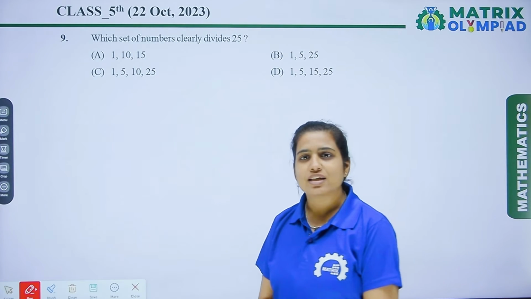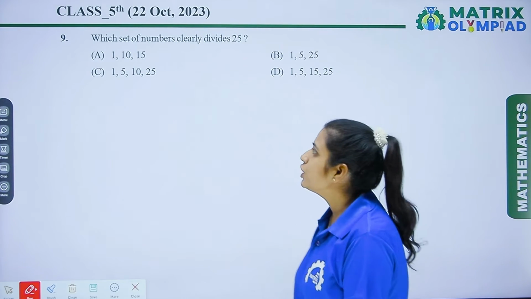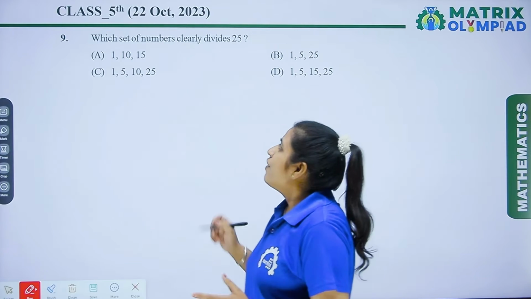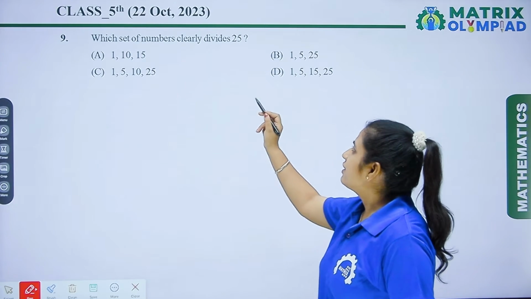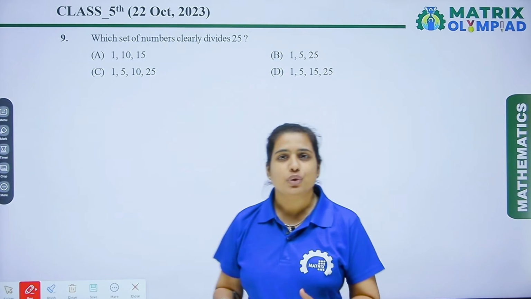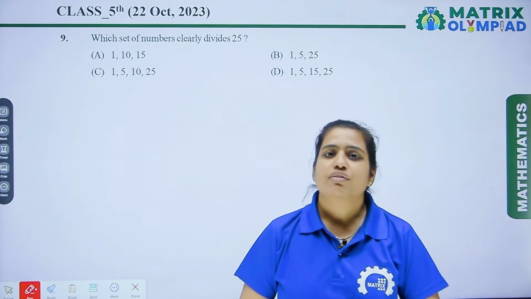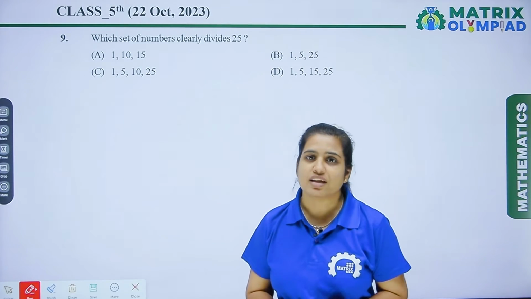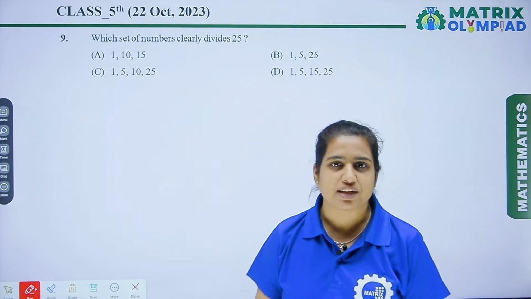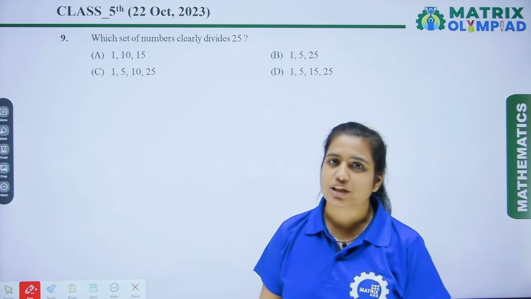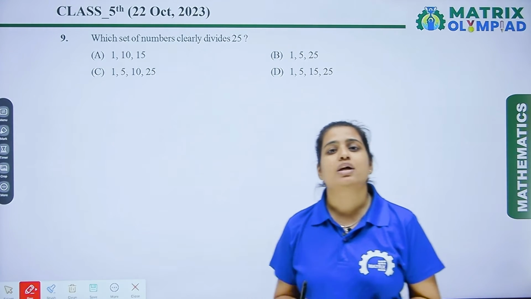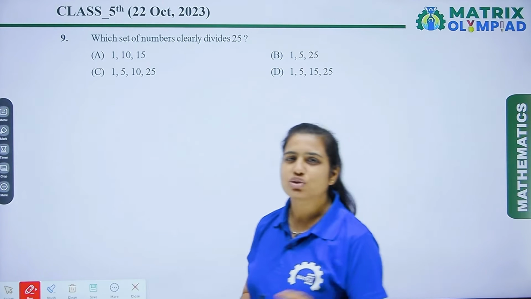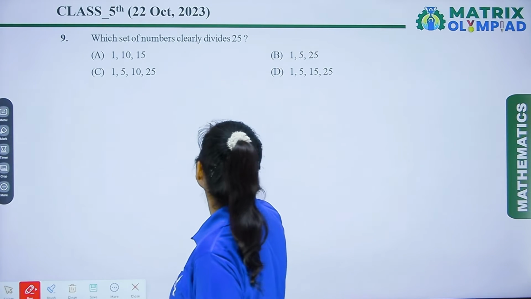Now let's start the next question. Question number 9. Which set of numbers exactly divides 25? So we know that a factor of 25 is a number that divides 25 exactly without leaving any remainder. So 25 is a composite number. So we know that a composite number has more than two factors. So let's write down the factors of 25.